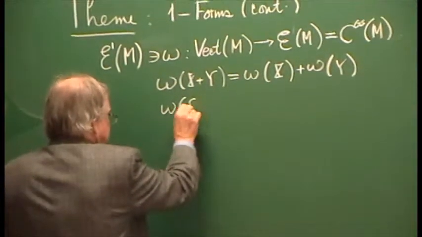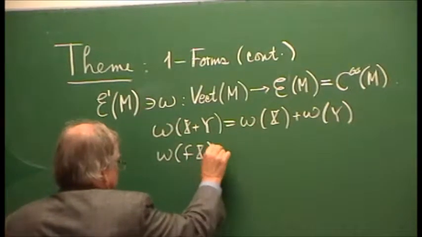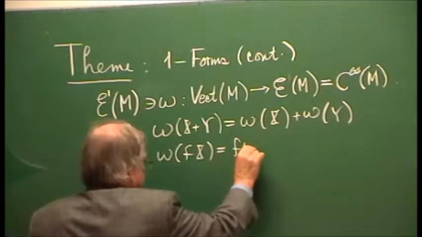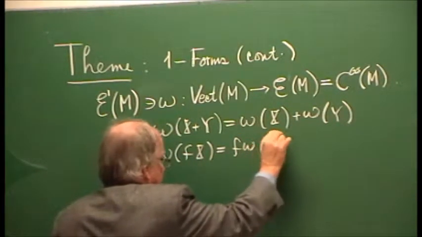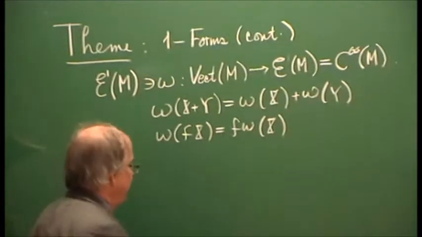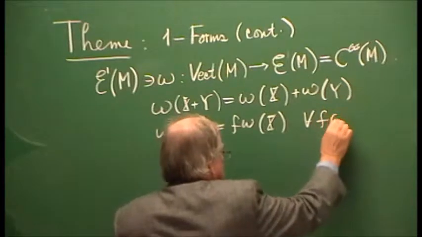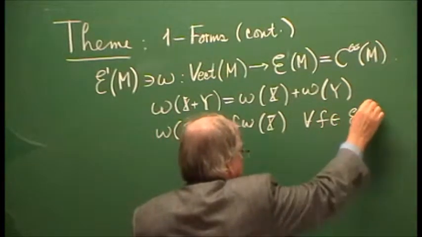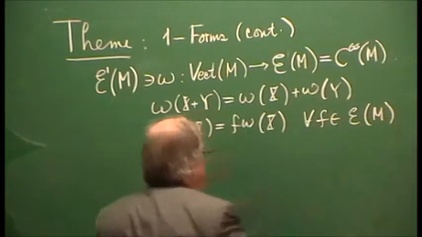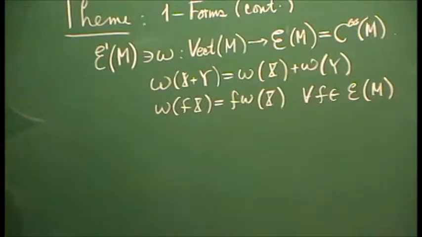It's linear over the C infinity functions. So it is dual in the sense of the module structure on the C infinity functions. So that's what one forms are.